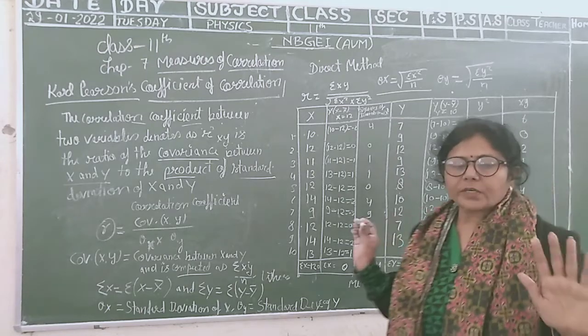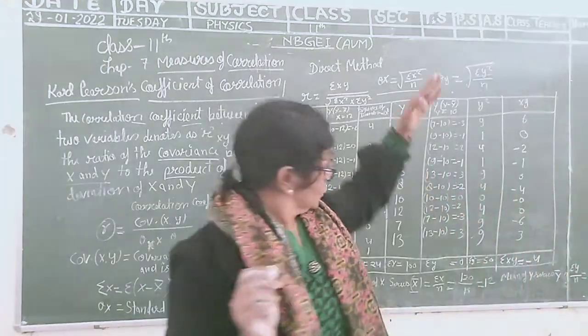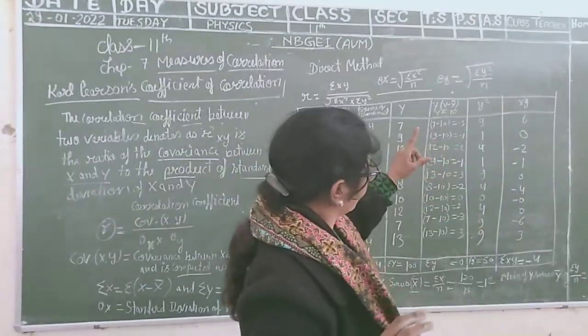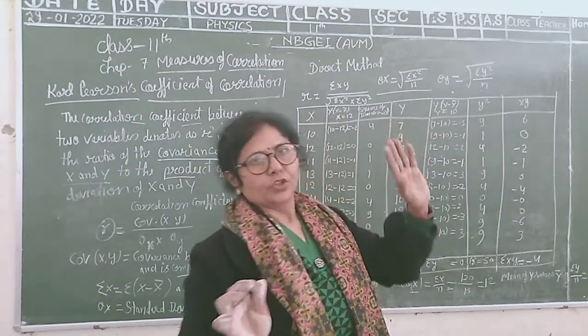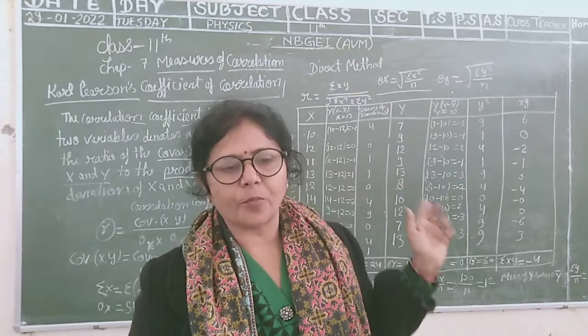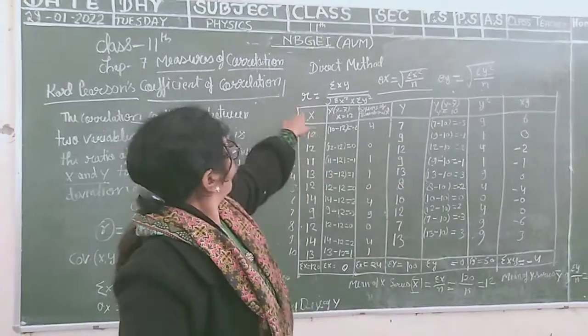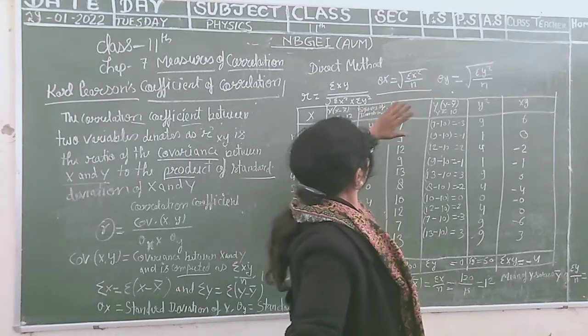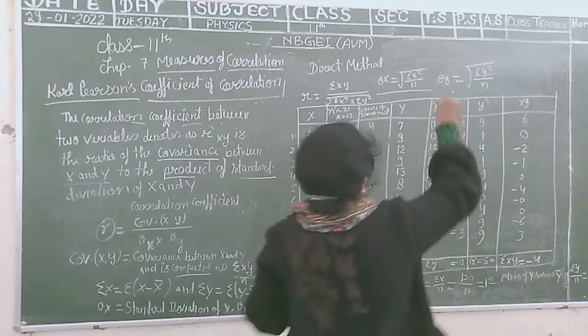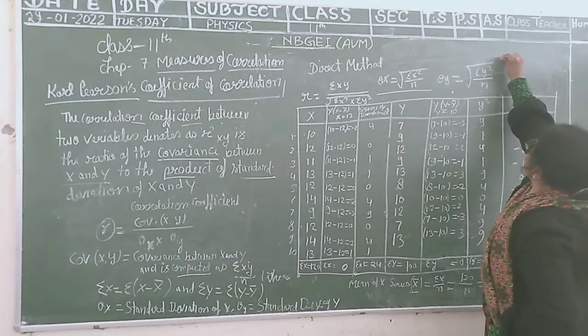Now what is the total? It means what is the sum of all the numbers? Sigma xy is minus 4. So we will apply it in the formula. So what is the formula? The formula is written here: sigma x equals under root of sigma x square minus sigma x square upon n. Where do we write? We will apply it, students.